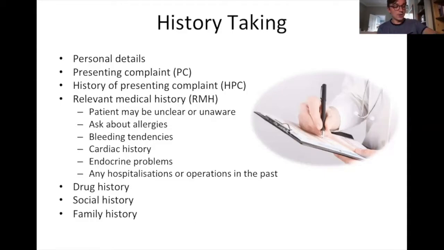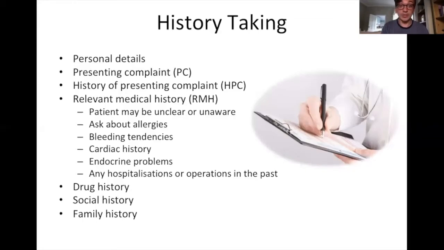So you need to get that clear, that it's your responsibility to ask patients about their medical history, including any problems with the heart they had. I normally go system by system. So you start with cardiovascular, then you can go to the endocrine system, gastrointestinal system, central nervous system. And then you ask about any medications they take. That will give you an idea as well if they have any conditions you need to be aware of.